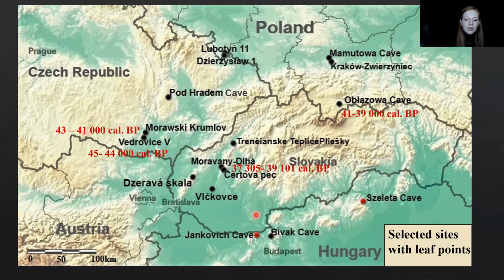But surprisingly, thanks to the Hungarian National Museum in Budapest, I was able to see some inventories from the Hungarian side. Obłazowa cave is very similar to Jankovich cave in terms of raw material, but also some technological and typological aspects, and also the coexistence of leaf point implements with bone tools. But actually, Jankovich cave is the eponymous site of the Jankovichian, a Middle Paleolithic unit.